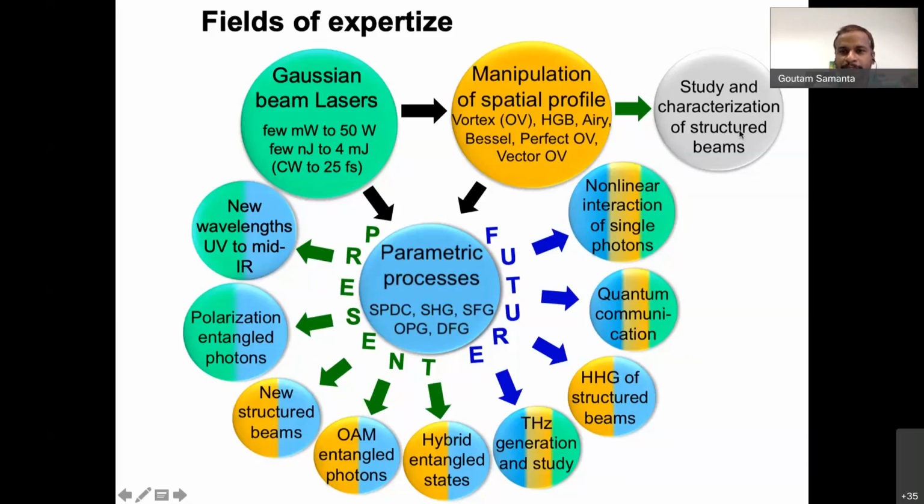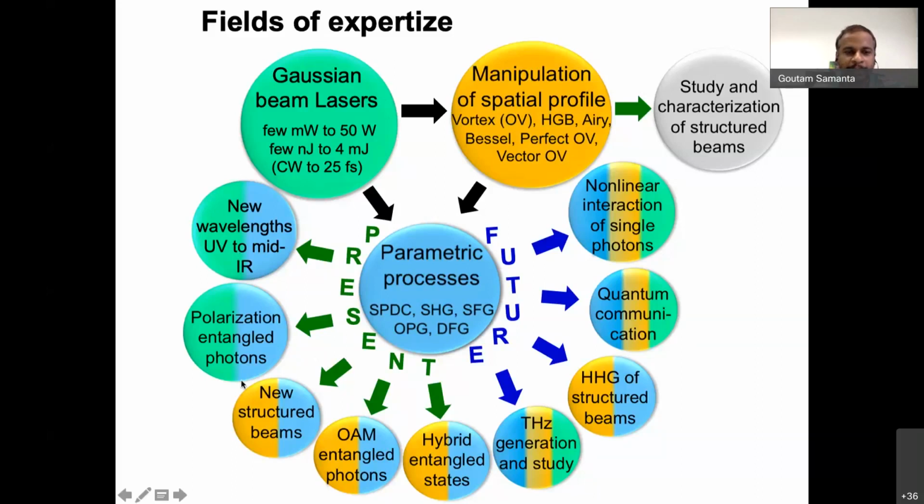We also study those structured beams that we have generated. Using this Gaussian beam and manipulation of the structured beam, and adding nonlinear interaction through different parametric nonlinear processes like spontaneous parametric down conversion, second harmonic generation, sum frequency generation, or optical parametric generation, we can generate new wavelengths all the way from mid-infrared to UV.